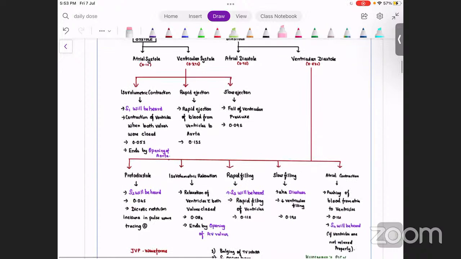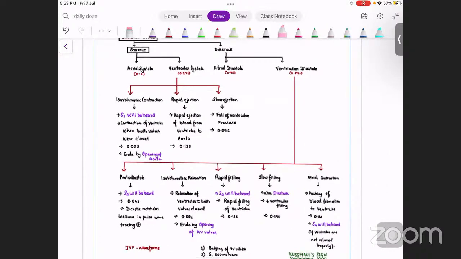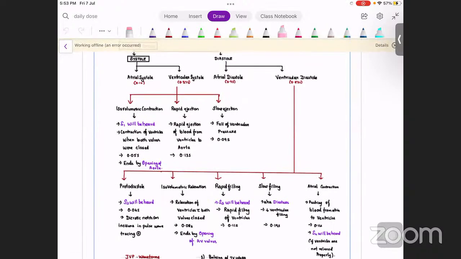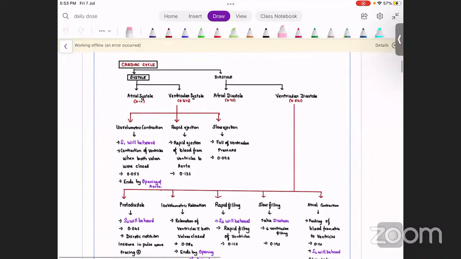The cardiac cycle has been taught to you already in several places. What I'm going to talk about here are the important things you have to know in terms of the cardiac cycle, because if I explain each and every phase, what the pressure change, the heart rate change and the volume change are, it will take at least 1 hour.